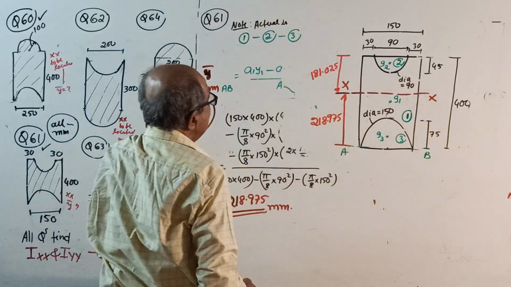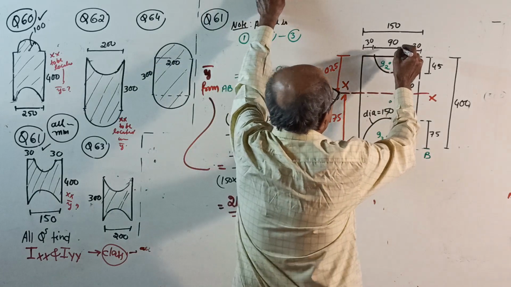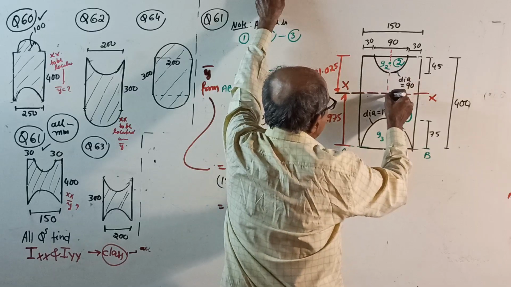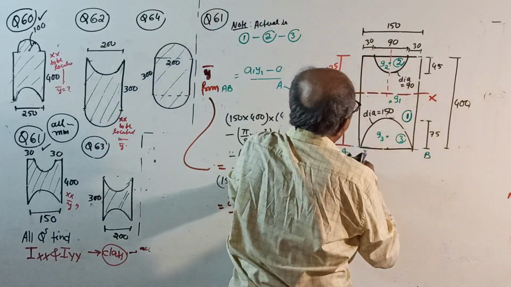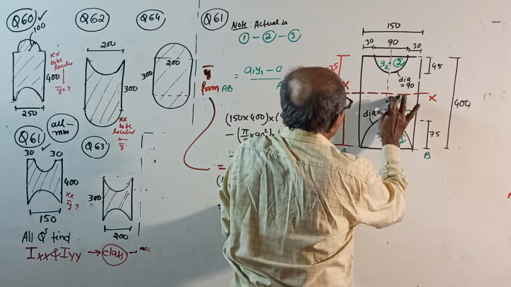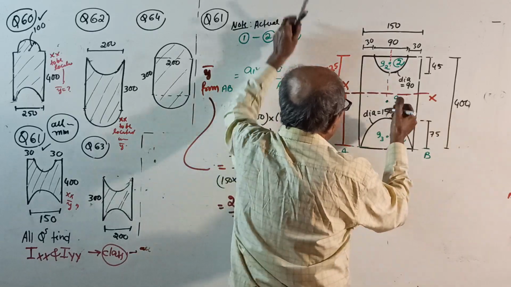Write all these. Directly locate y. Hey, centroid, please come a little to this side. I request it, please come this side. I wrongly marked it there.